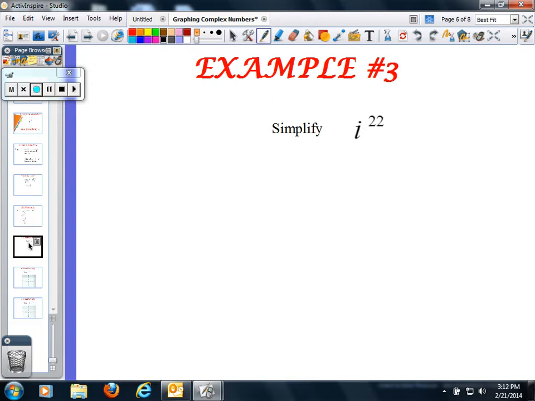All right, let's go ahead and do one more. So when we start this problem, again, i to the 22nd. This is even, so it's divisible by 2. So I'm going to write i squared. Now I have to figure out what I'm raising that to. So I take 22, I divide by 2, which is 11.